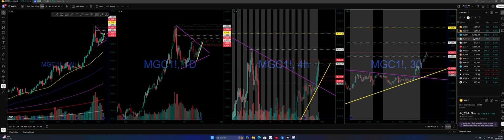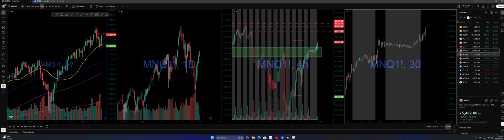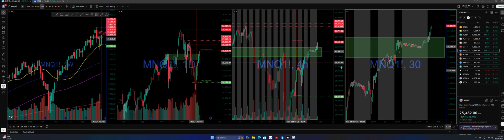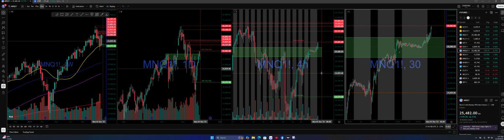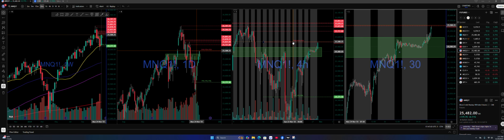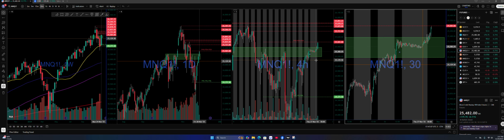And then for NQ, which I know I charted, did I delete the sticker? Oh, here we go. For NQ, I want to watch the previous week's high, previous session's high, previous day's high, which is all located at 25,501.00.